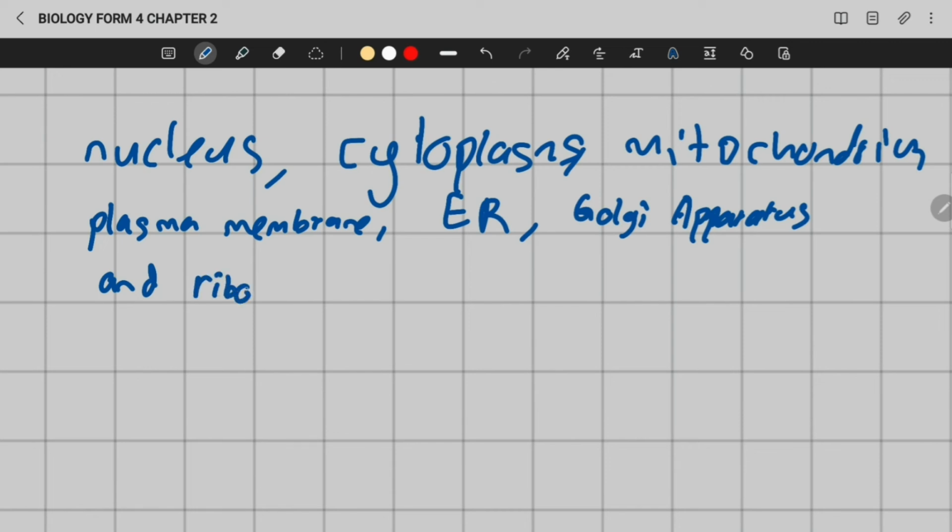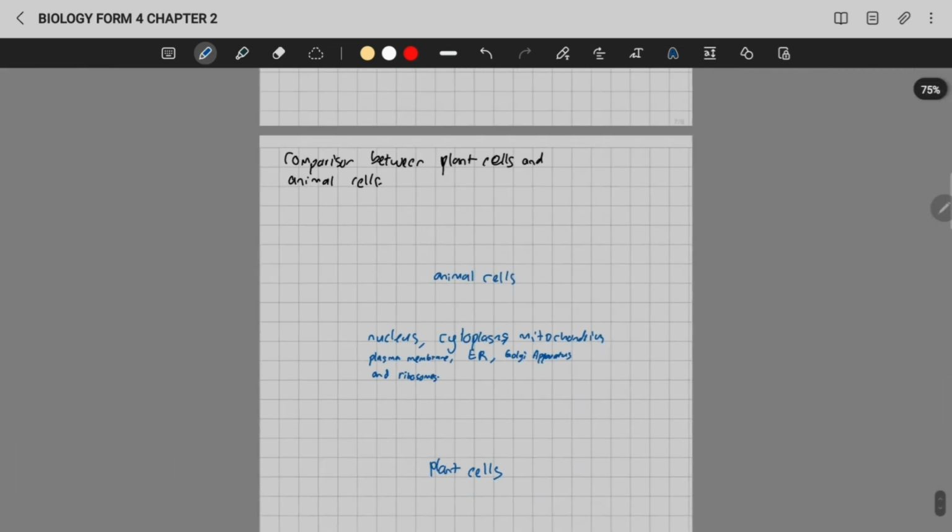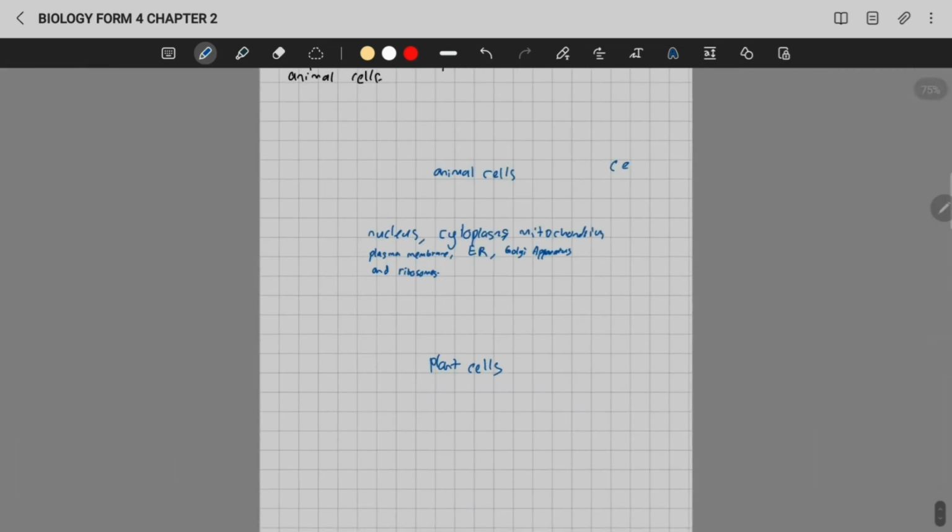But some of the cell components are not present in animal cell or the plant cell, such as animal cell have centrioles. But plant cell don't have centriole.